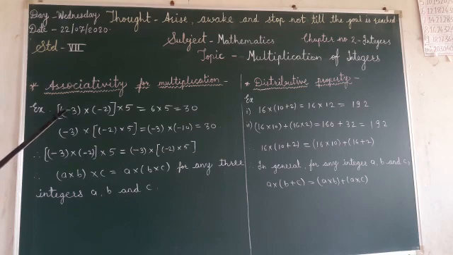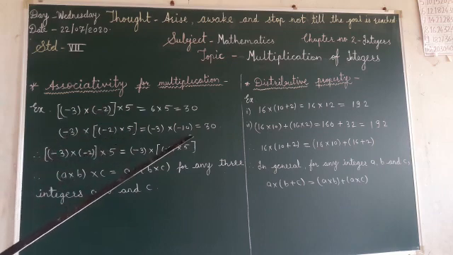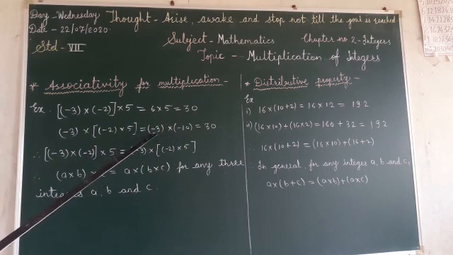In the first case, we group the first and second number and then solve. See here, minus 3 into minus 2, you get the answer 6, and 5 as it is. 6 into 5 is 30. In the second case, the first number stays as it is, but you make a group of the second and third number, minus 2 into 5, you get minus 10. So, minus 3 into minus 10, you get the answer 30. When you group the numbers, the answer doesn't change.